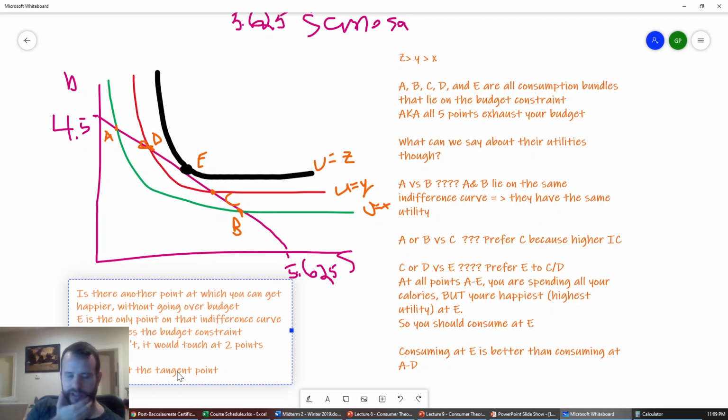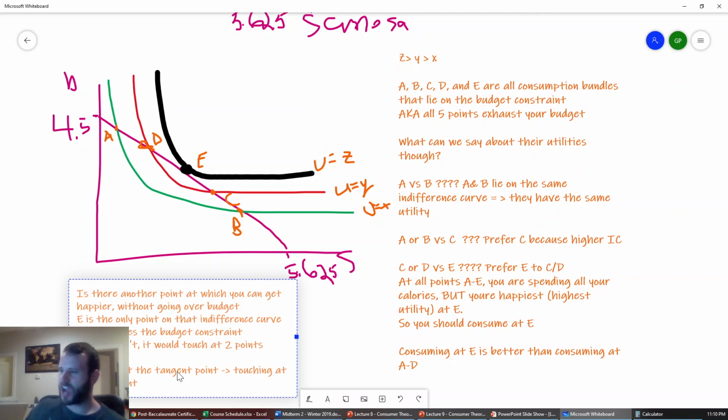The tangent point is a point that touches the curve at only one point. Tangent means touching at only one point.